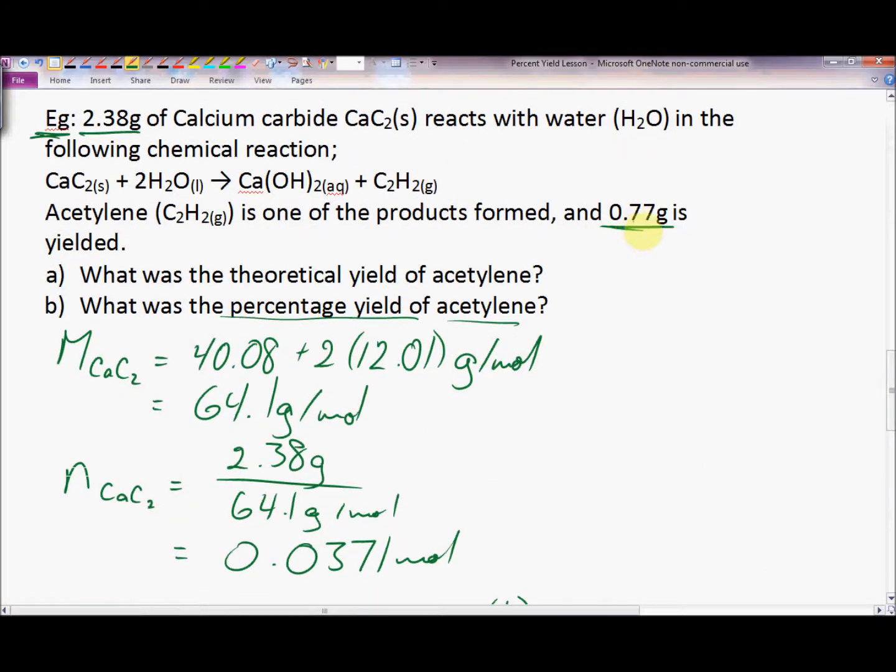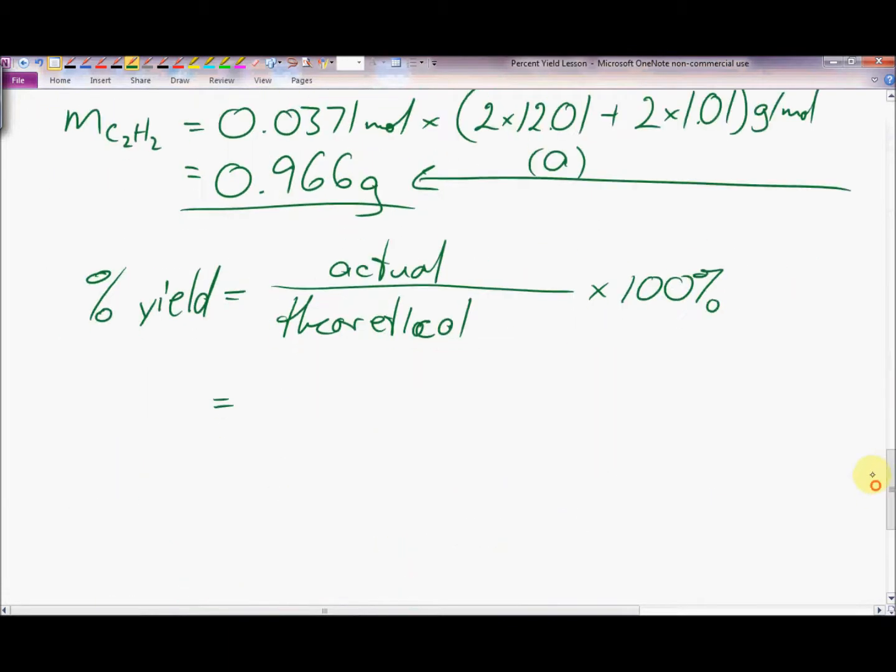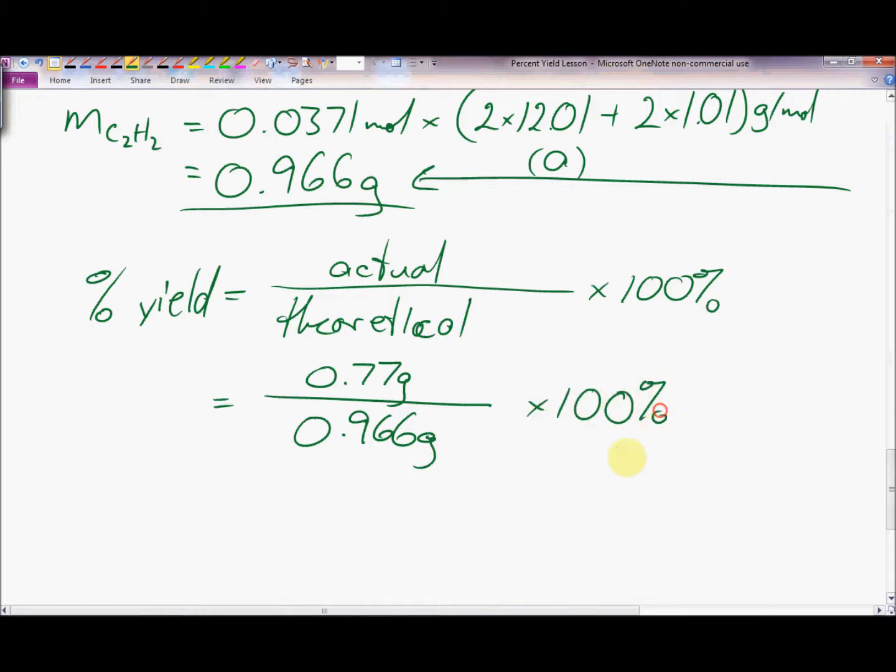So 0.77 grams, and we'll divide that by the theoretical amount, which we calculated here, and multiply that by 100%. And that gives us, rounding to two significant digits, 80%. So the percent yield of this reaction was 80%.